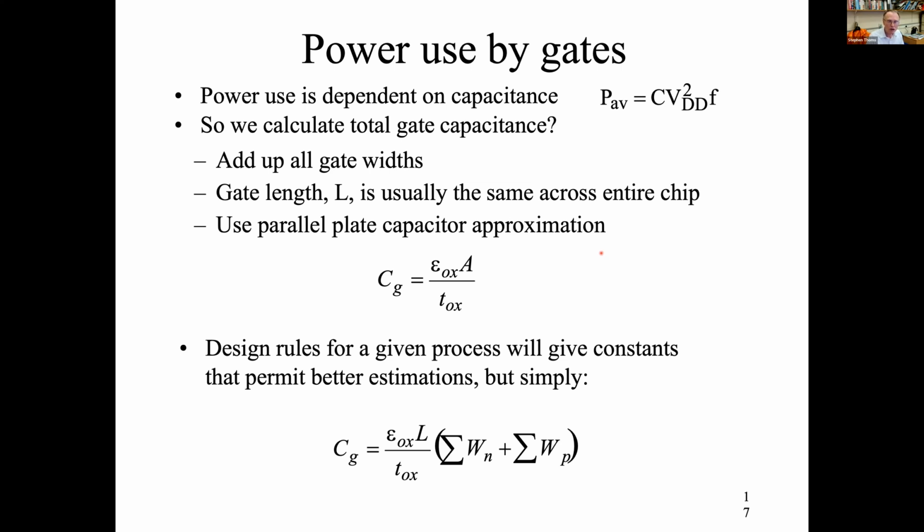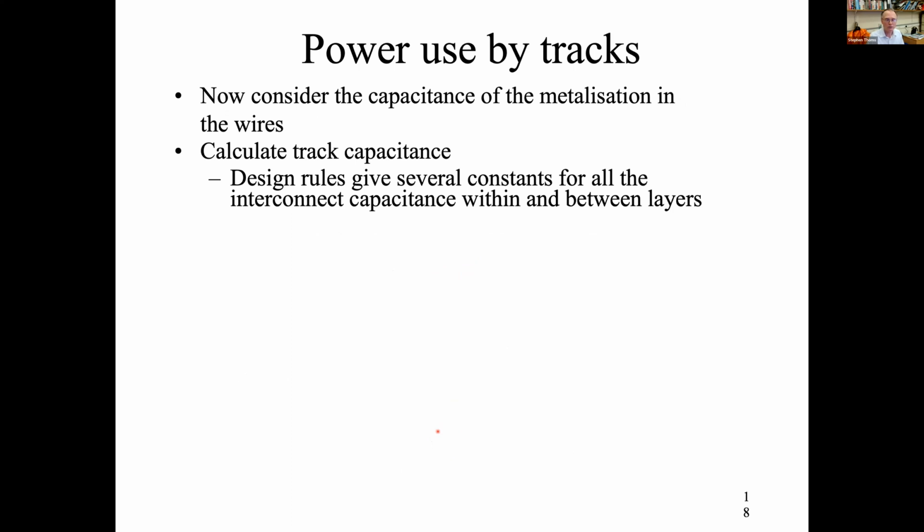And we then use the parallel plate approximation, which basically says you've got an area, and then you've got your permittivity and your thickness of the oxide. And so therefore you're adding all your widths of your N transistors and your P transistors and you multiply by L, and so on. So that gives you your capacitance.